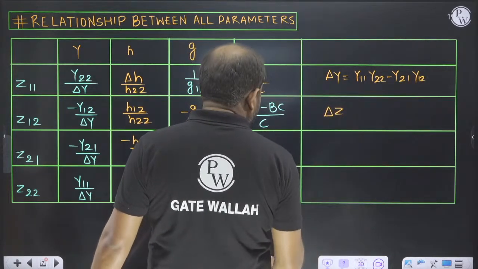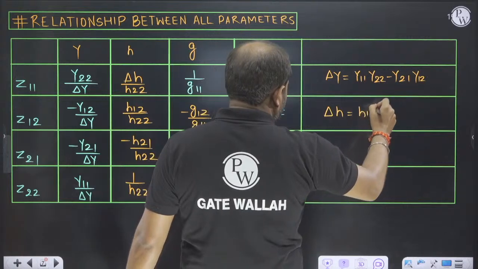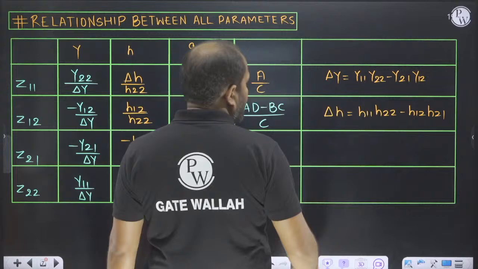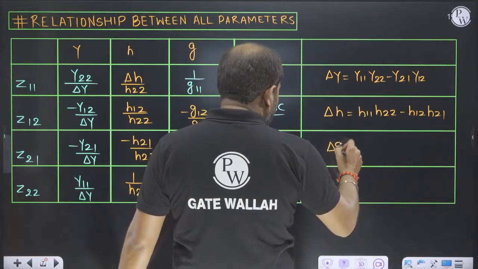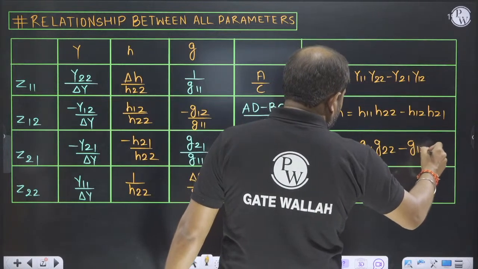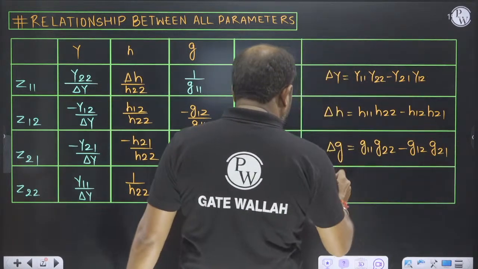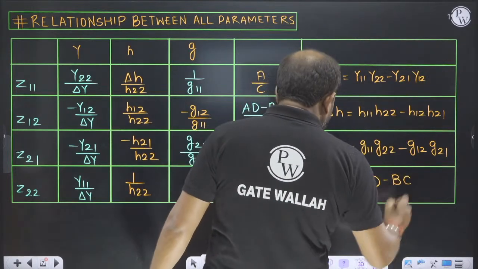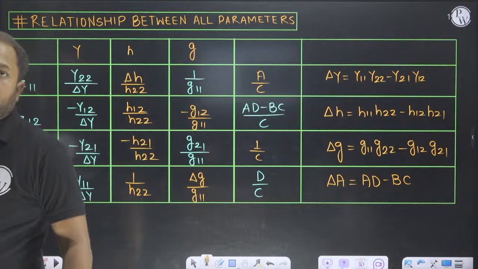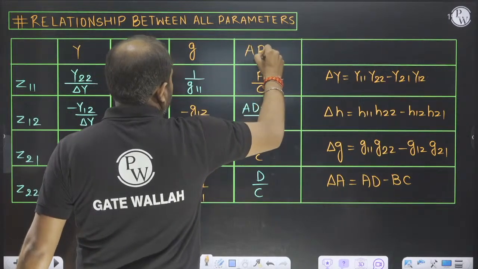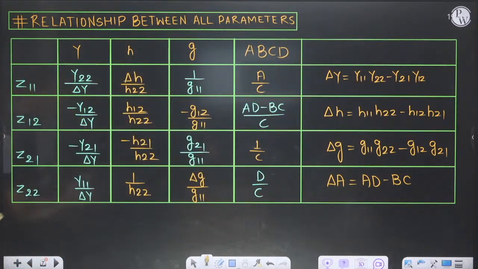Delta H is H11 H22 minus H12 H21, delta G is G11 G22 minus G12 G21, and delta A is AD minus BC. So you have to remember all these things. One second, I will check this formula for Z parameter in terms of the other parameters.